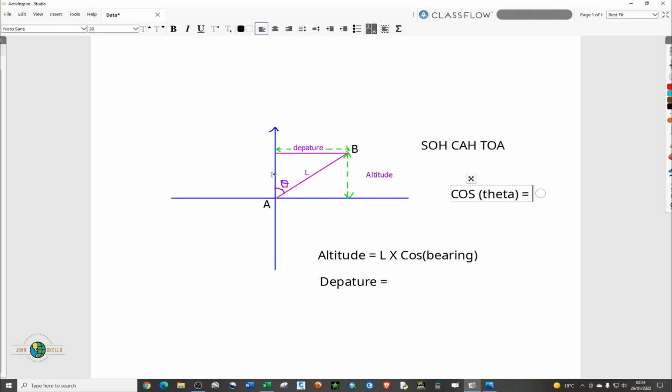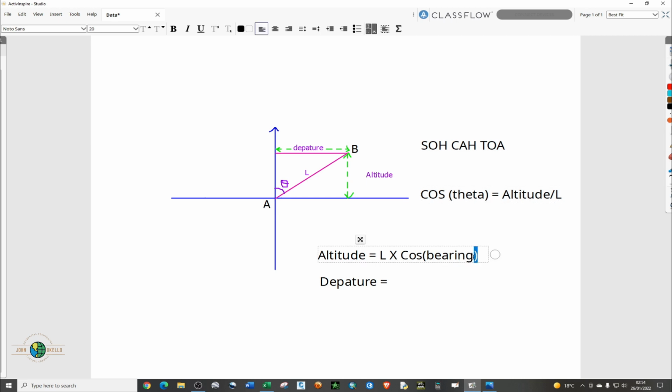So our adjacent is altitude, then you divide by the hypotenuse, which is L. Now, to find altitude, you multiply both sides by L, which gives us altitude is equal to L multiplied by cos theta.